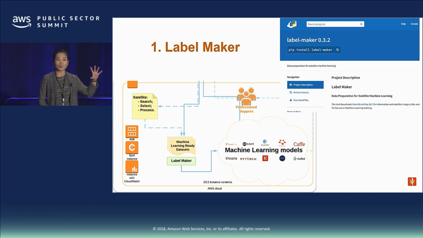What label maker does is pull down the OSM data as a label.